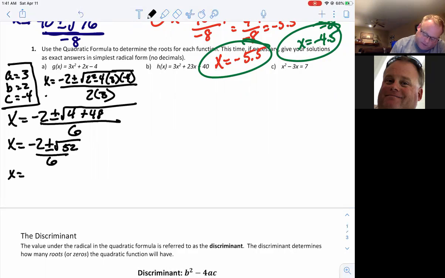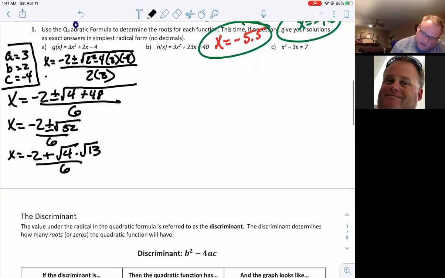So I have x equals negative 2 plus the square root of 52. Well, the square root of 52 breaks down into the square root of 4 times the square root of 13, and that's all over 6. So this is x equals negative 2 plus 2 square root of 13 all over 6.